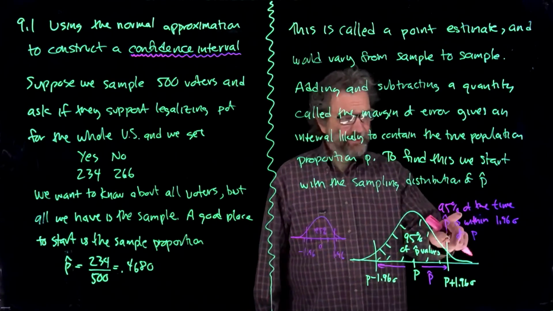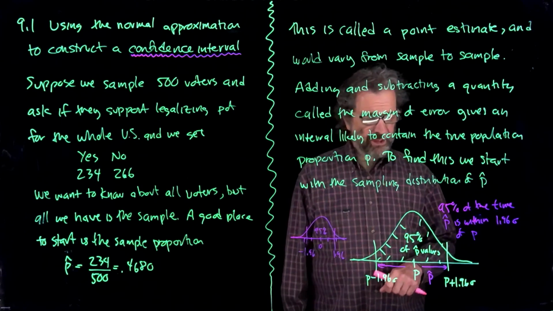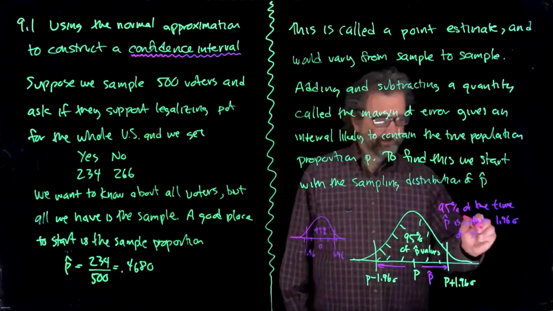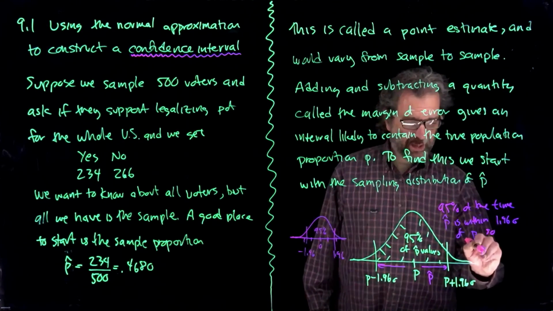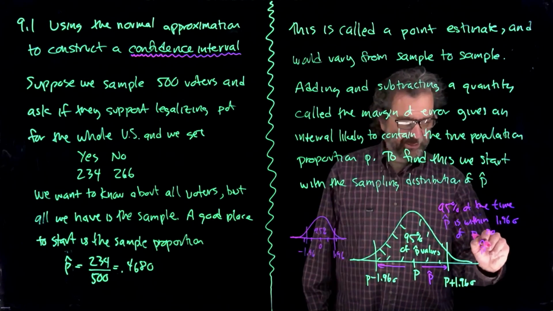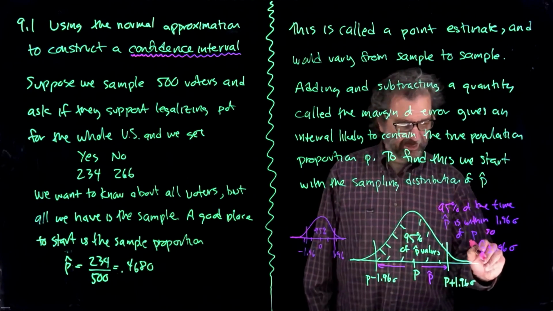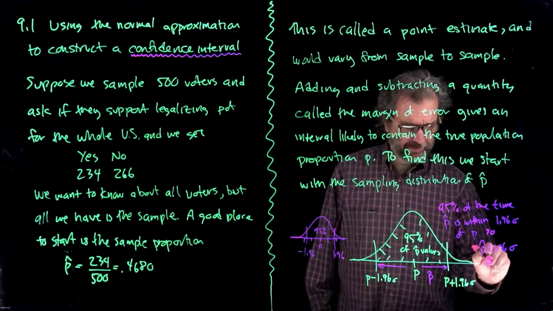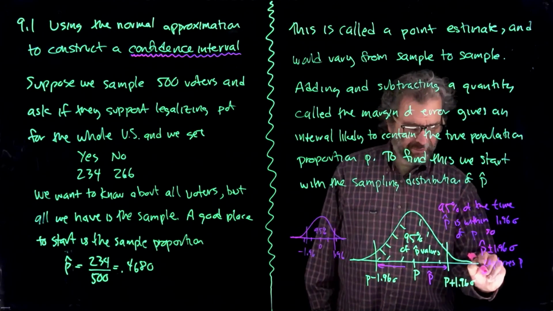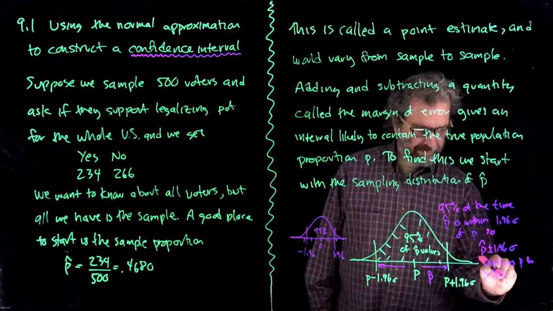So that says 95% of the time P hat is within 1.96 sigma of P. And so we can use that to say, well, that means P hat plus or minus 1.96 sigma captures P for 95% of the P hats.